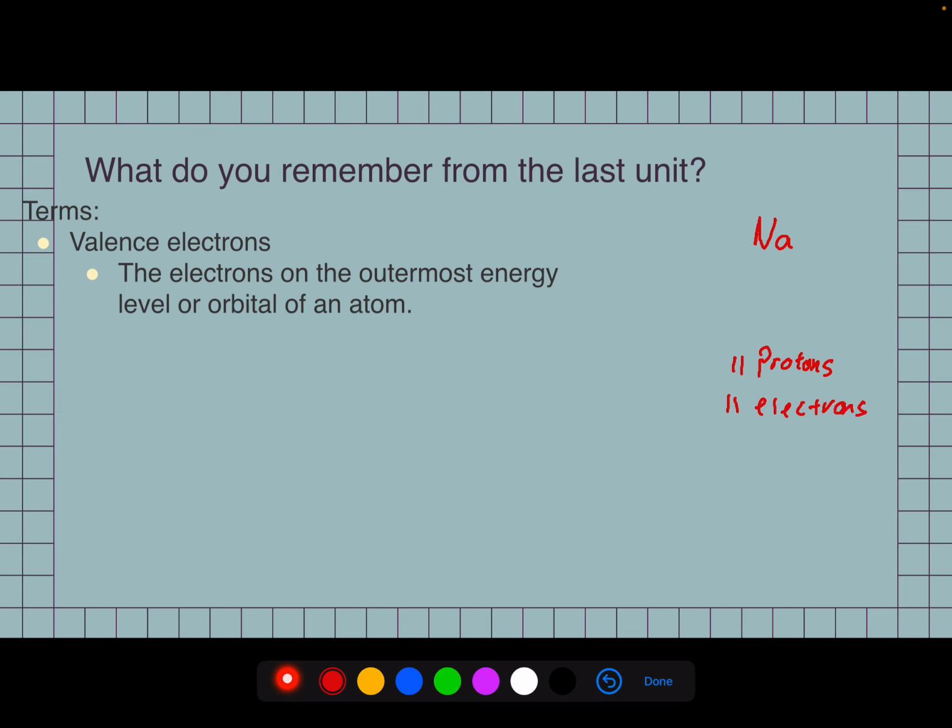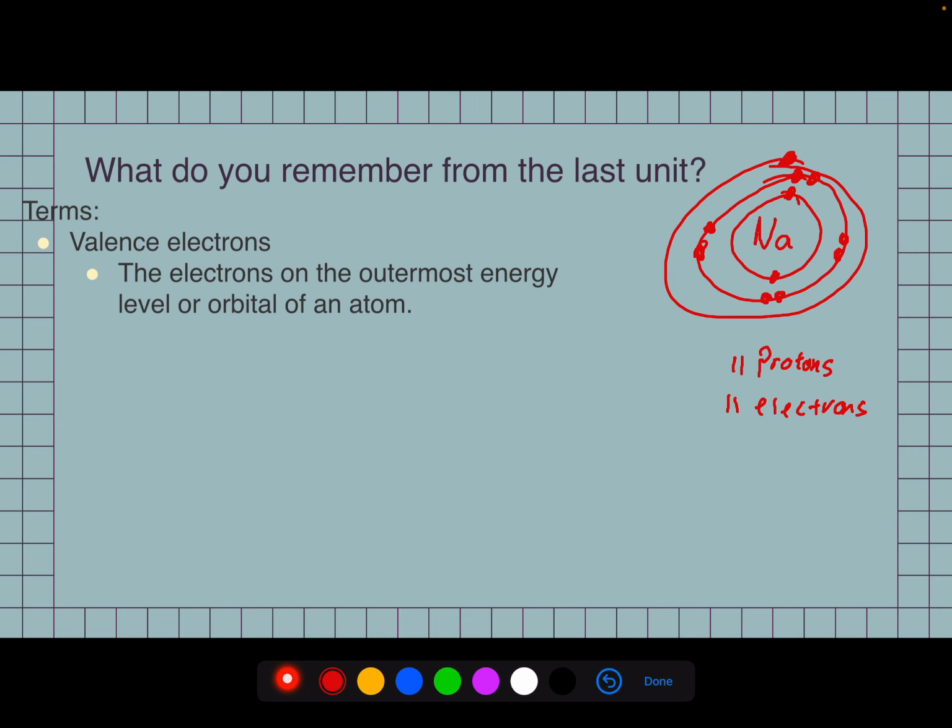All right, so here we're going to quickly draw a little Bohr model. It's going to have 1, 2, 3, 4, 5, 6, 7, 8, 9, and 10, and then one more in the outer orbital makes 11.